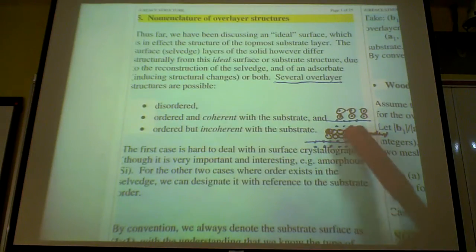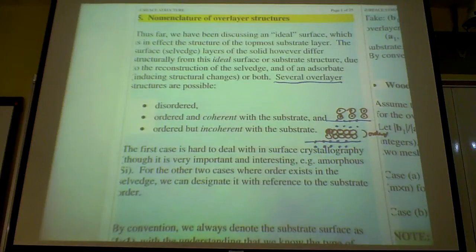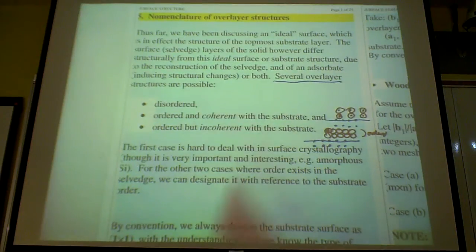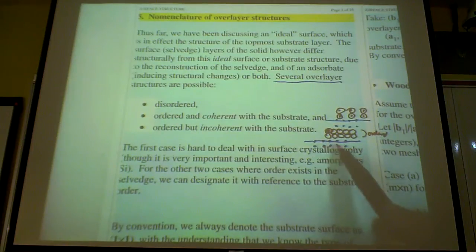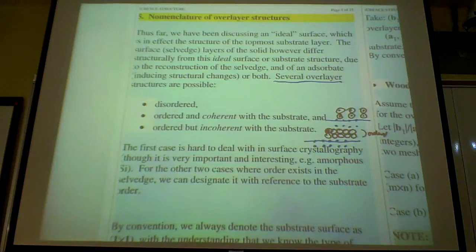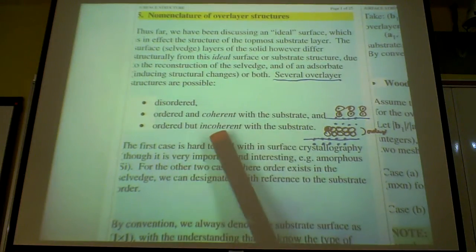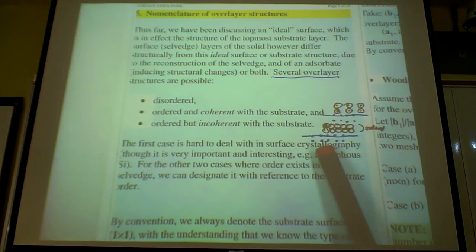Okay, so here you would say that ice would form an ordered structure because the ice itself is a crystal, right? And it has its own structure, and then you just need a cold surface to stay on. So any cold surface, it really doesn't care about the crystal structure of the supporting substrate. So that's an example of ordered but incoherent with respect to the substrate, right?